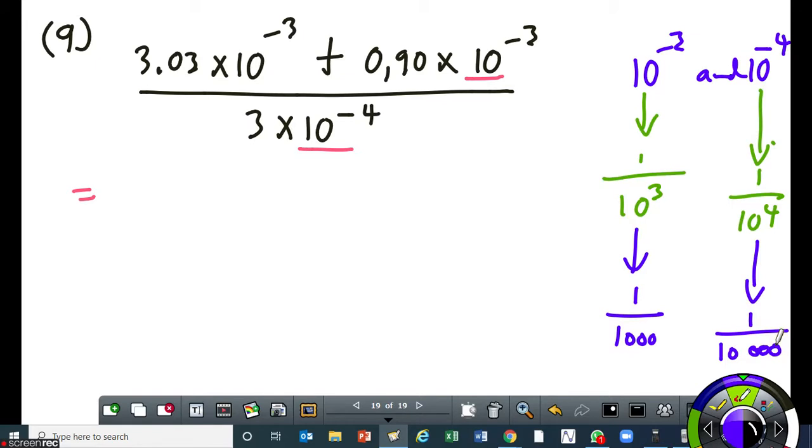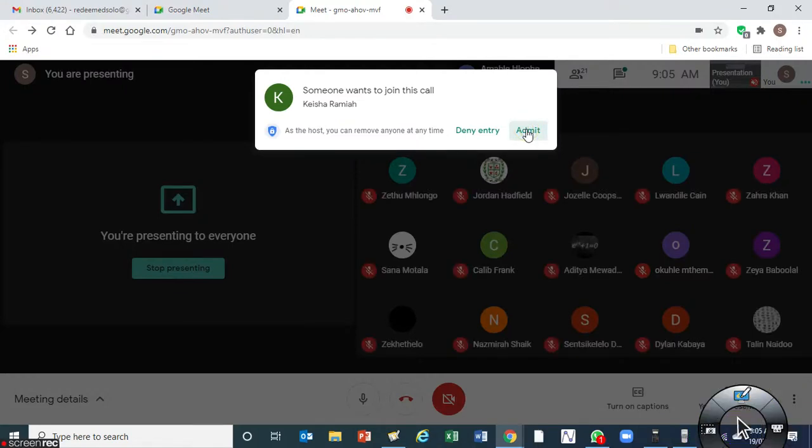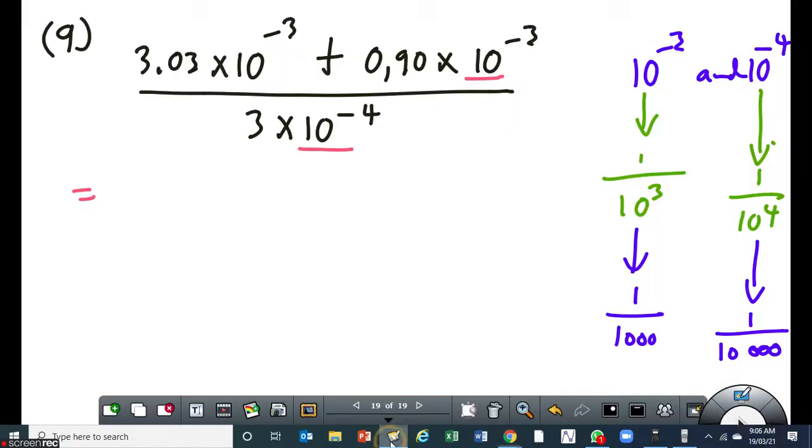Which one is greater? 1 over 1,000. Yes, 1 over 1,000 is greater than 1 over 10,000.